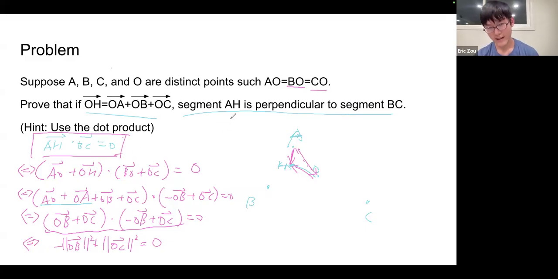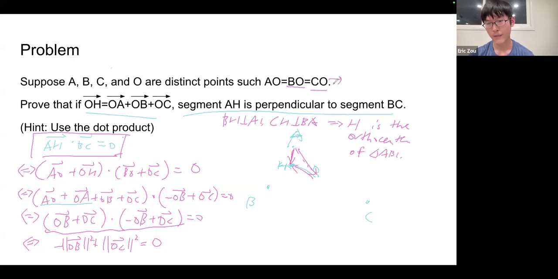Actually, for similar reasons, BH is perpendicular to AC and CH is perpendicular to AB. So this implies that, if you learn geometry, H is the orthocenter of triangle ABC.